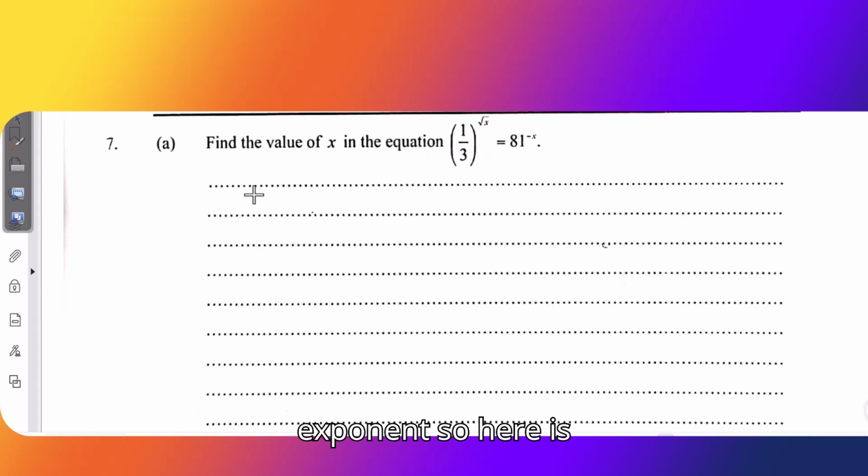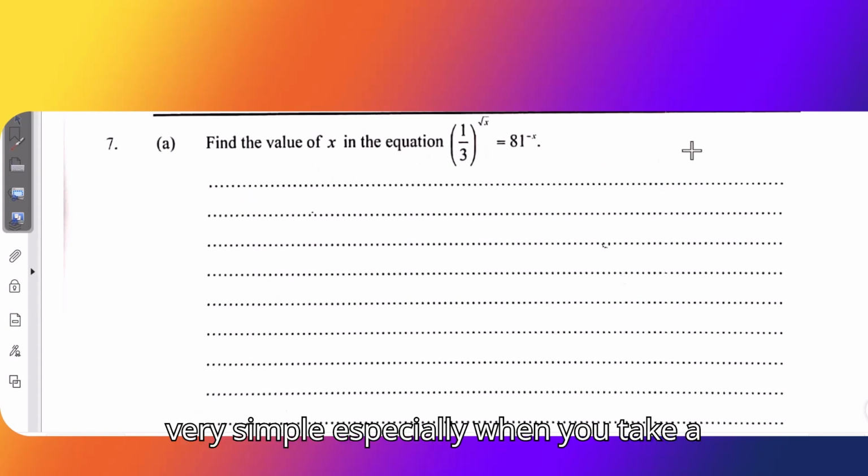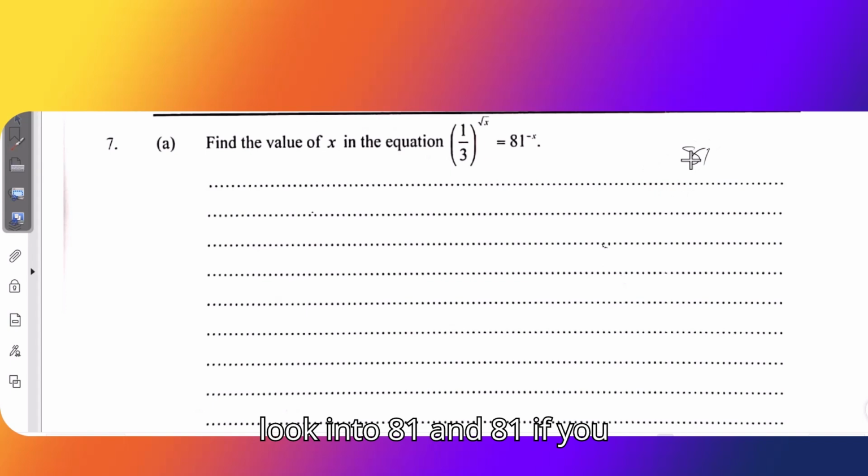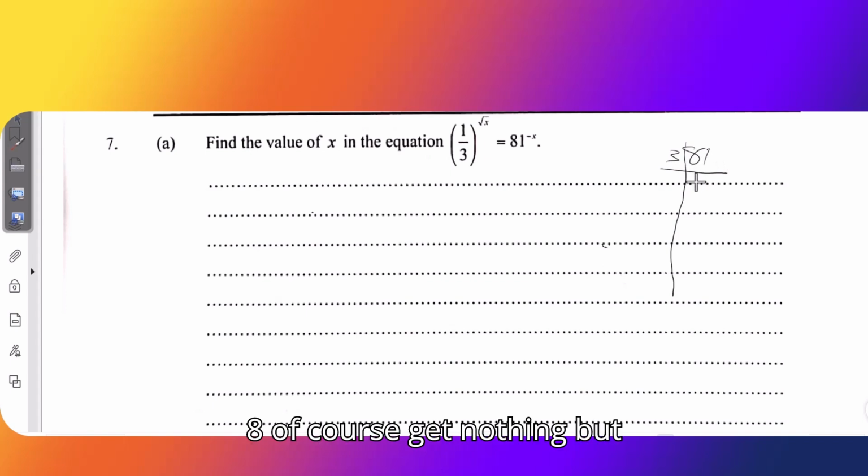So here it's very simple, especially when you take a look into 81. If you are to do prime factorization of 81, you can start by 3. So you can see 3 into 8 gives 2, remainder 2; 3 into 21 gives 7; 3 here we get 9, 3 here we get 3, 3 here we get 1.